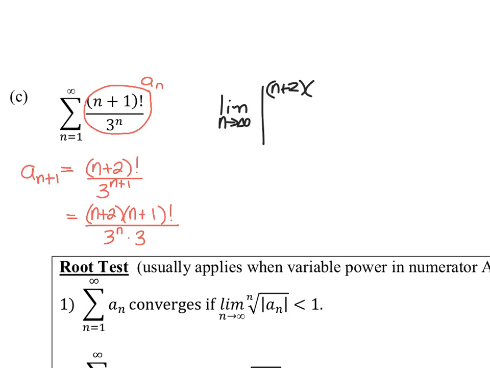So n plus 2 times n plus 1 factorial over 3 to the nth times 3 over n plus 1 factorial 3 to the nth. Cancel all that is cancelable, which should be a fair amount of it.